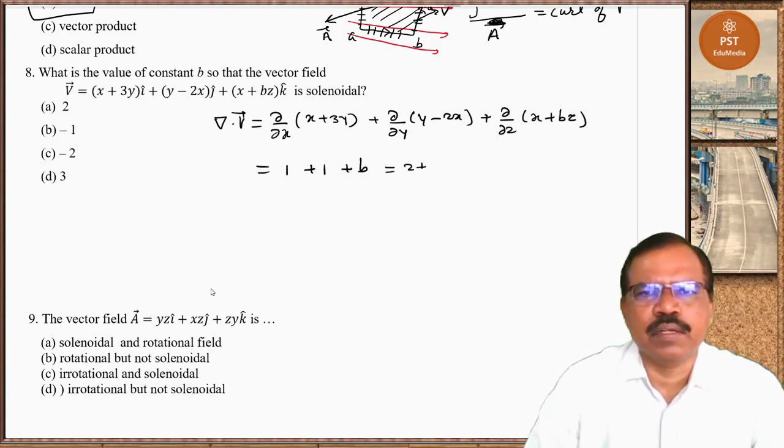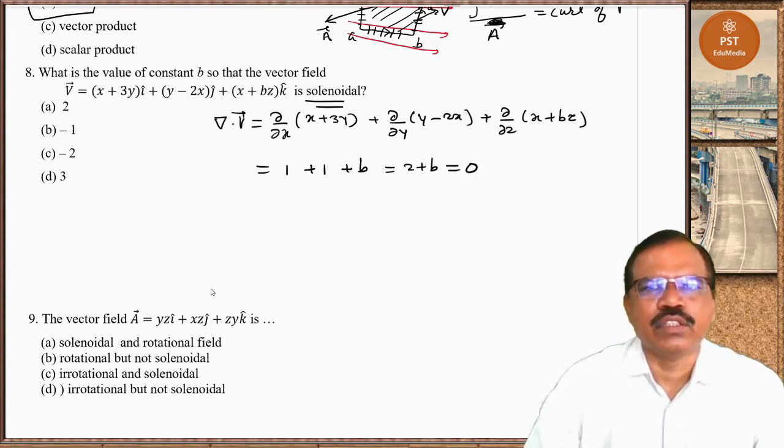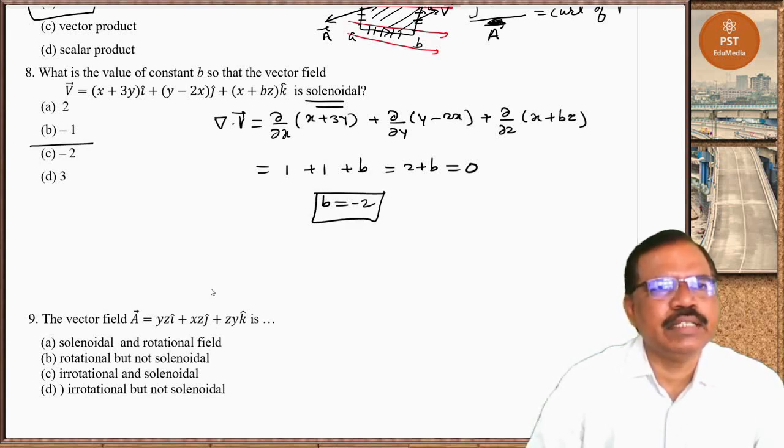So it is 2 plus b. And this must be 0 for solenoidal. So we get b is equal to minus 2.